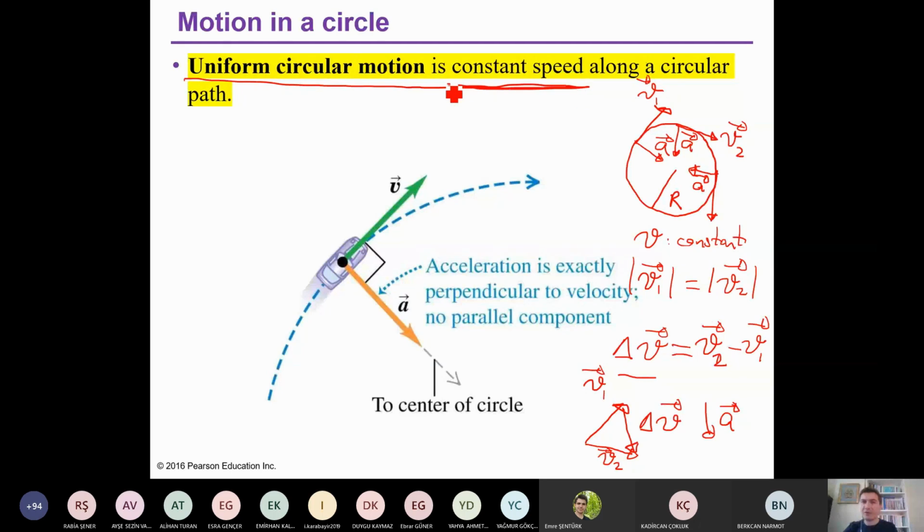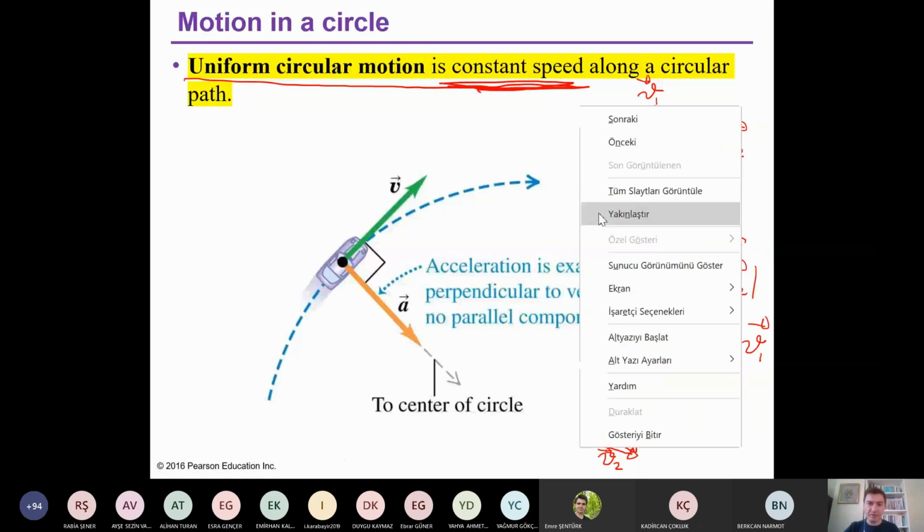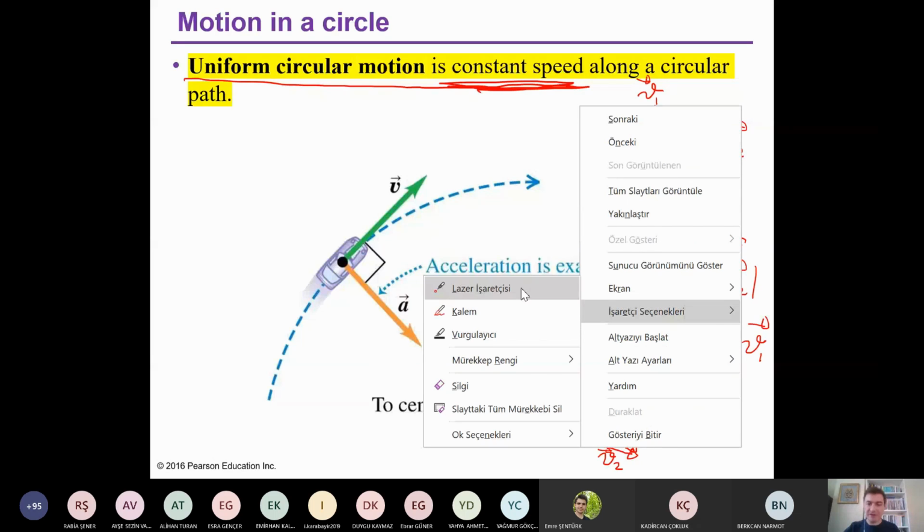In uniform circular motion, speed is constant, and we have acceleration which is perpendicular to the velocity, and it goes to the center of the circle. Do you have any question here? I discussed all these things during the last lecture, but I wanted to repeat them here.